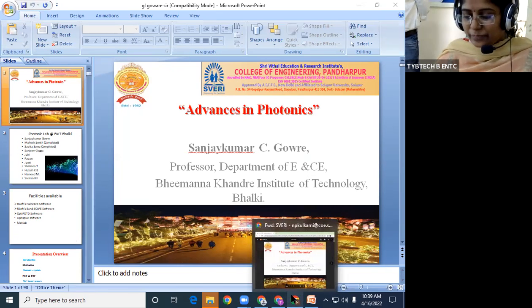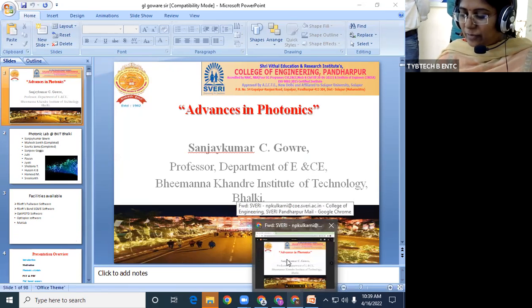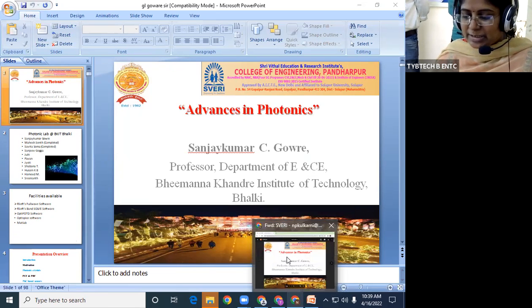Among the awards, there is a research grant of rupees 20 lakh from VGST Bangalore for a period of 2 years on design of photonics and communication system. A research grant of rupees 10 lakh from VTU Belgaum for 3 years on photonics devices for optical networks.